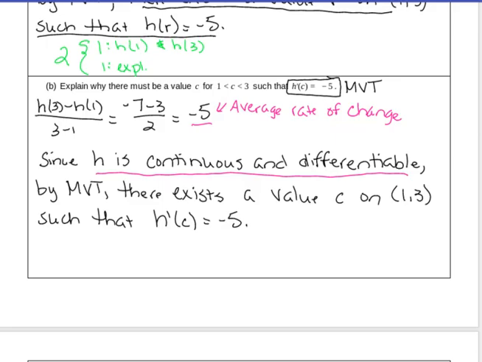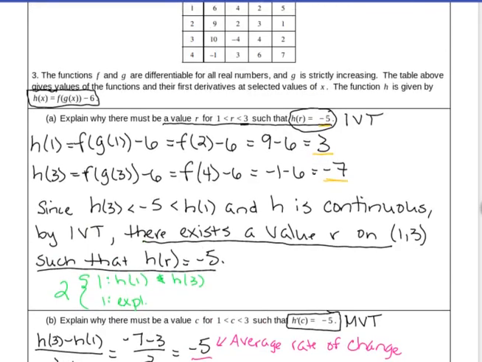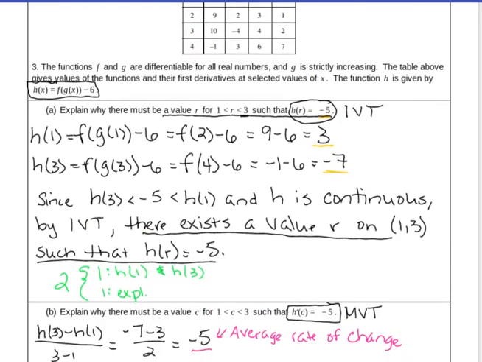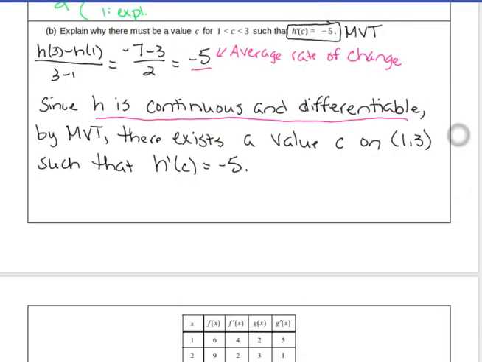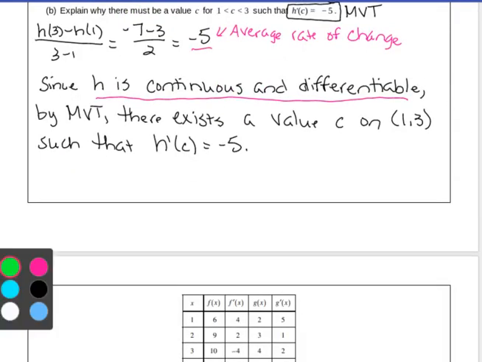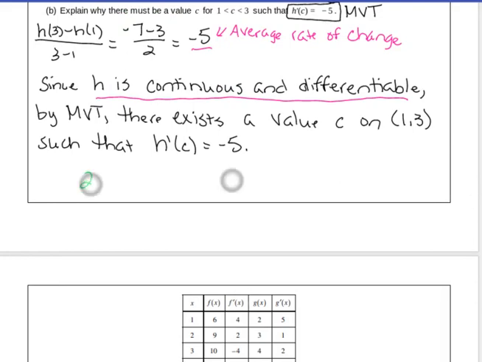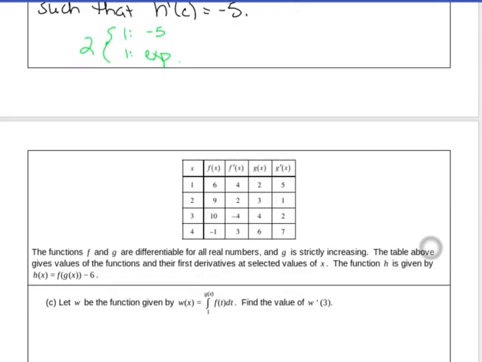And so we know h is continuous and differentiable because f and g are differentiable, and h is comprised of f and g. This one here was also worth 2 points. It was 1 point for getting that average rate of change, and then 1 point for your explanation and using the mean value theorem.